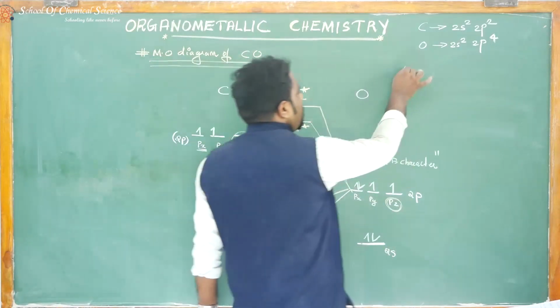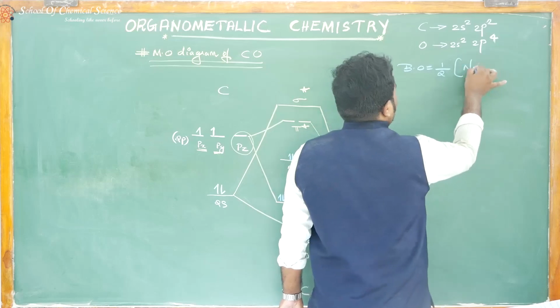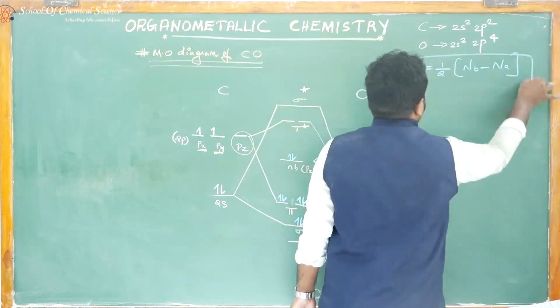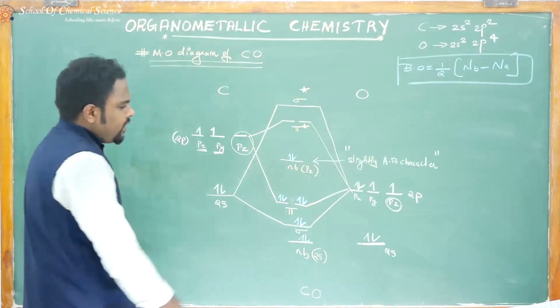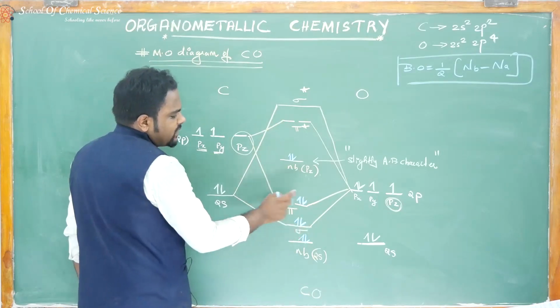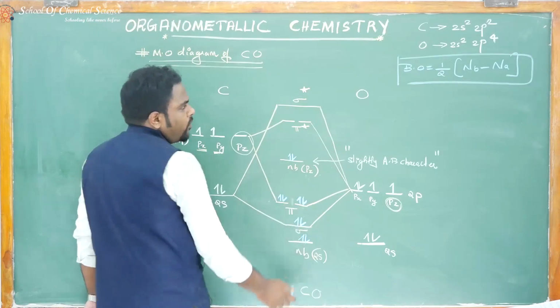So what is the bond order? Bond order is equal to half into number of bonding minus number of anti-bonding electrons. All low energy orbitals are bonding: 2, 4, 6, 8, so 8 bonding electrons.